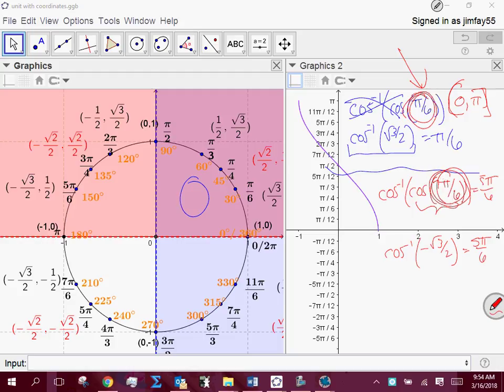Can I say cosine inverse of cosine of x is x when x is bigger than pi? No, I can't. Okay, but if it's between 0 and pi, yes, I can. So you might ask a question that relates to that.